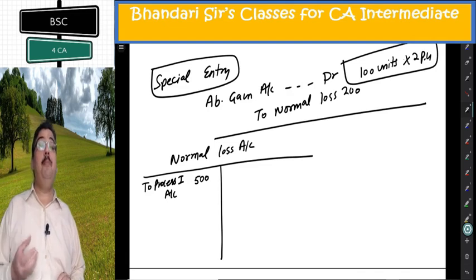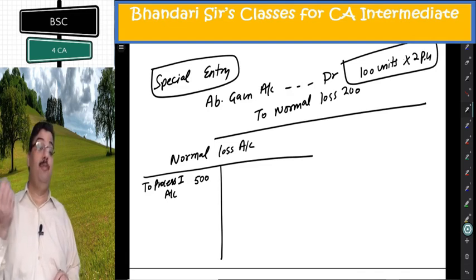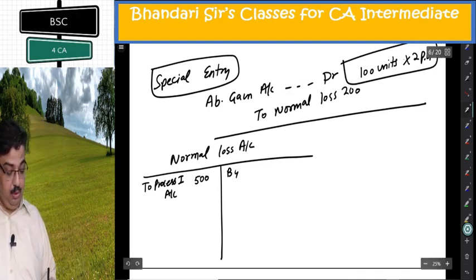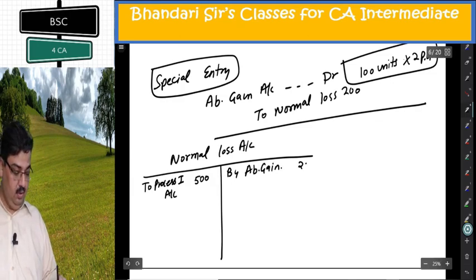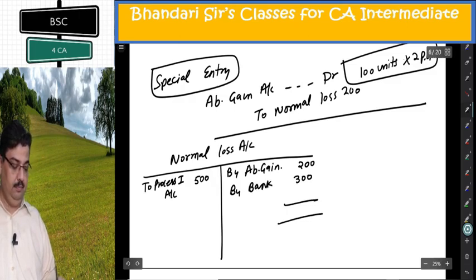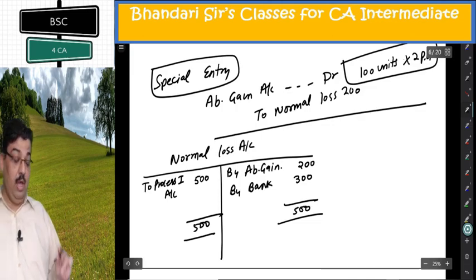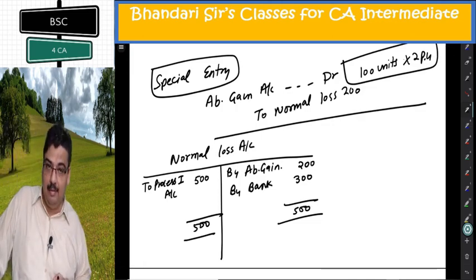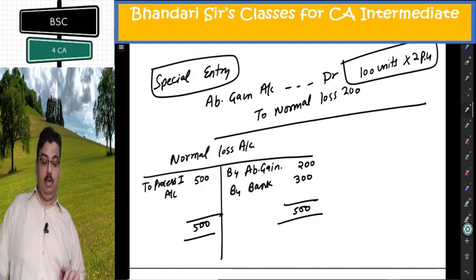You have scrap of only 150 units. So first put the effect of this abnormal gain special entry. 200 by bank. He will give you 300. Very important, follow the entries and ledger accounts properly.